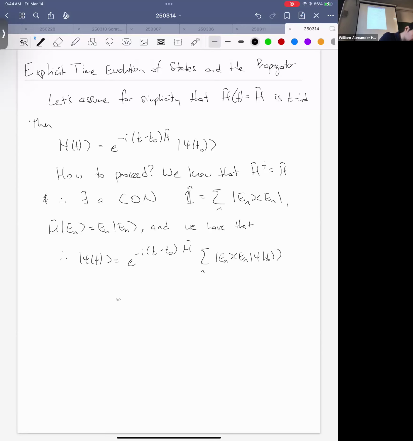So this is the sum over n of e to the minus i (t minus t0) E_n, and then e_n, psi of t0, and then e_n. This is some complex number. This is some complex number.